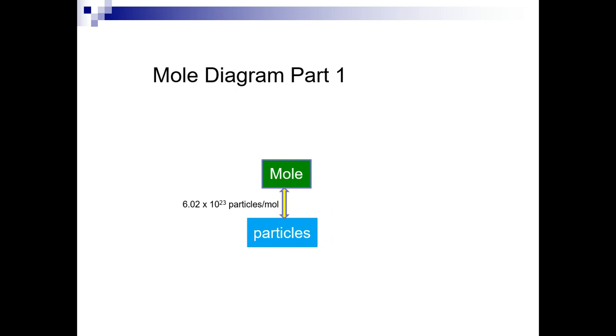So since carbon is like 12.01, that means if I had 12.01 grams, I would have this AMU. But in this case, the AMU we're dealing with is the mole. So we have a way to connect mass to particles.